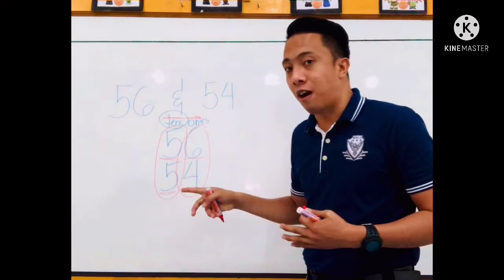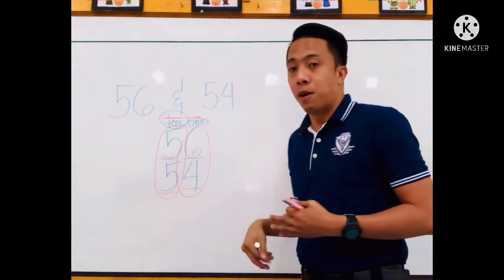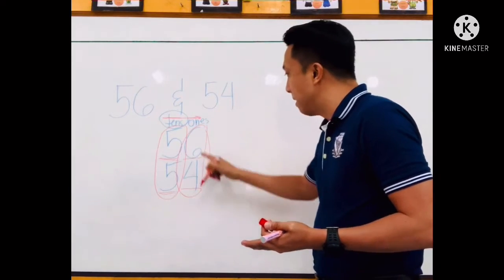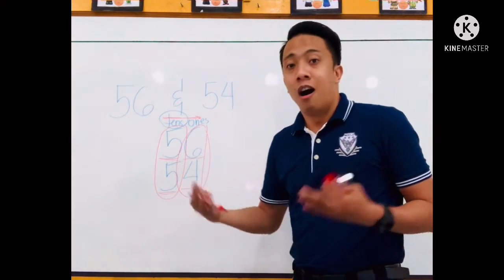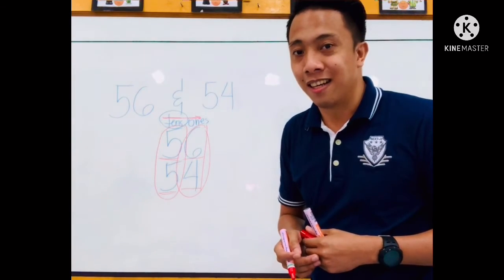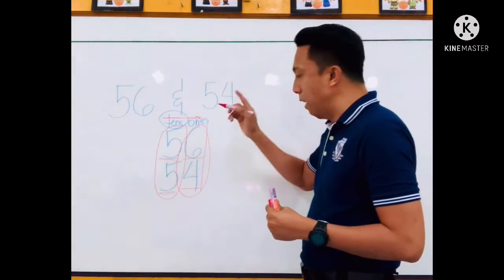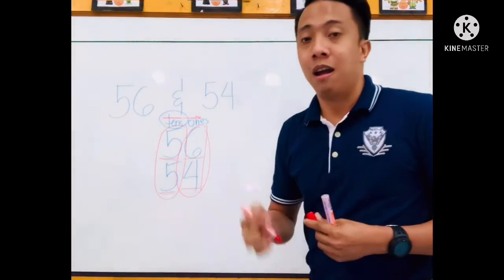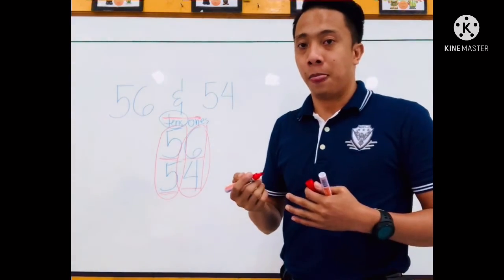We need to identify if the two numbers are the same or not. In our ones place, 6 and 4 are not the same. Right? Yes. So, we will just identify which number is greater.